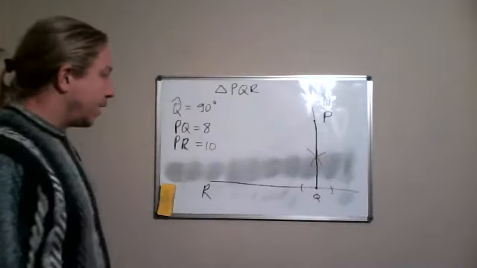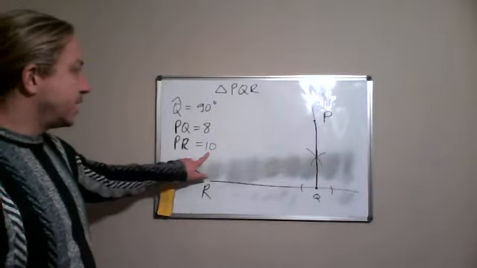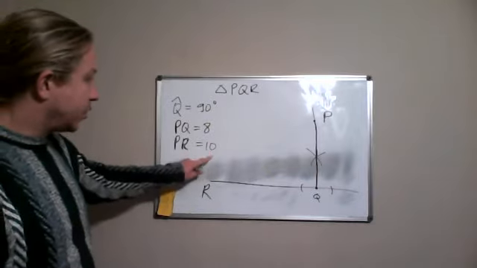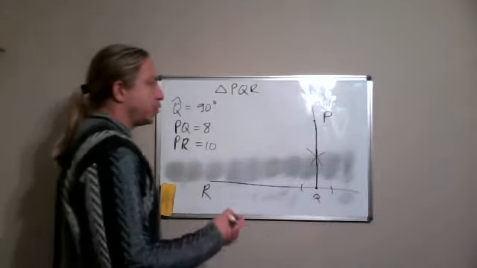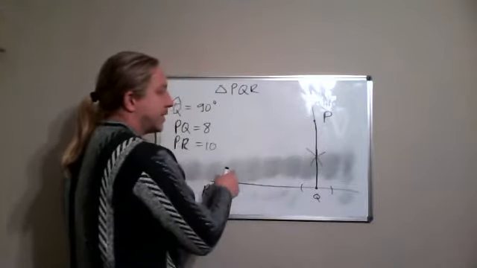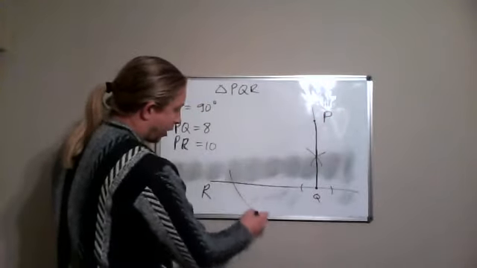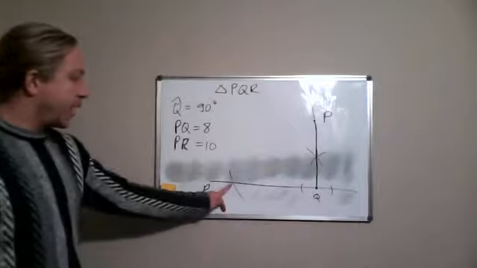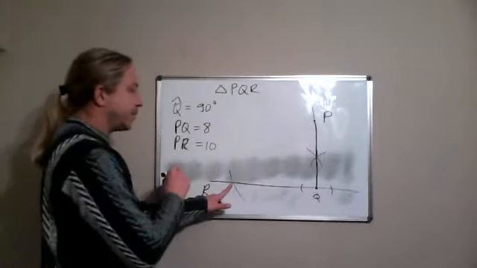Okay, now they tell us PR is 10 centimeters. So what you do is you set your compass at 10 centimeters, put your needle point in here, and make an arc like that. Now where these two cross, that's exactly your 10 centimeters.